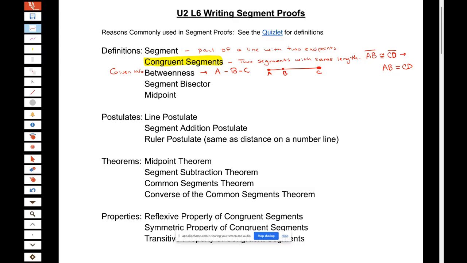Segment bisector. Usually that will either be in your given info or what you're asked to prove, given/prove. And it will be something like, if a line bisects a segment, prove something else is true. So a bisector can be a line, a ray, a segment, a plane, even a point that divides a segment in half.